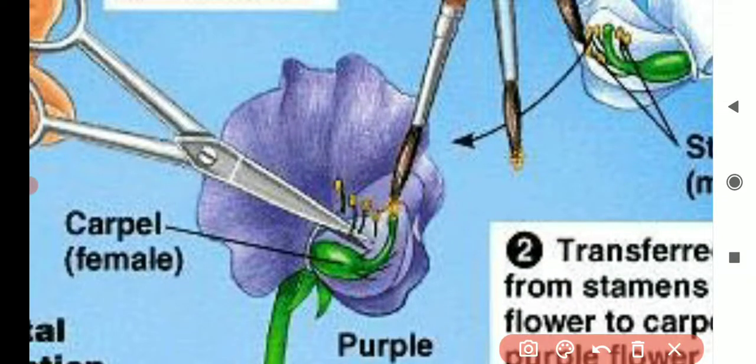So he's just dusting the pollen on the receptive style of the purple flower. Okay, so cross fertilization done. He did the crossing. Yes, and he was very careful. He made absolutely sure that no other pollen fell except the one from the white flower. He was very, very scientific, very clean, very neat.